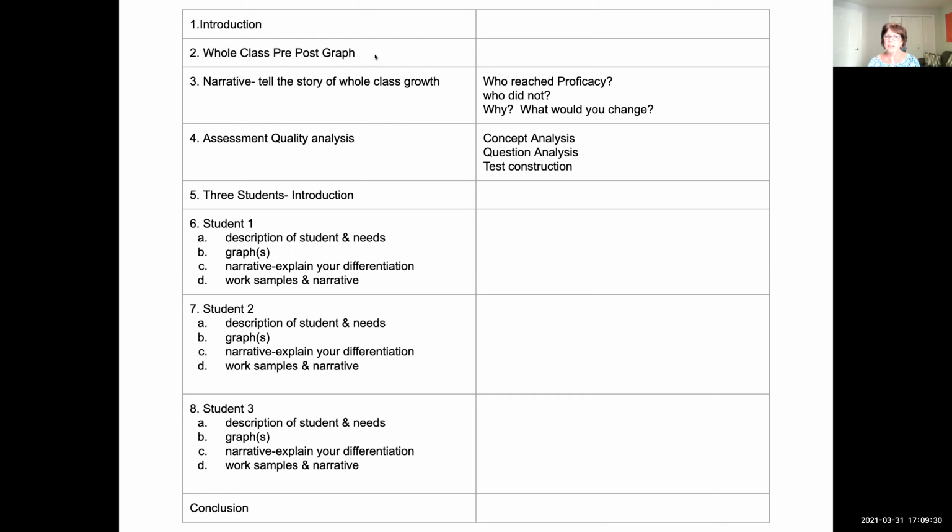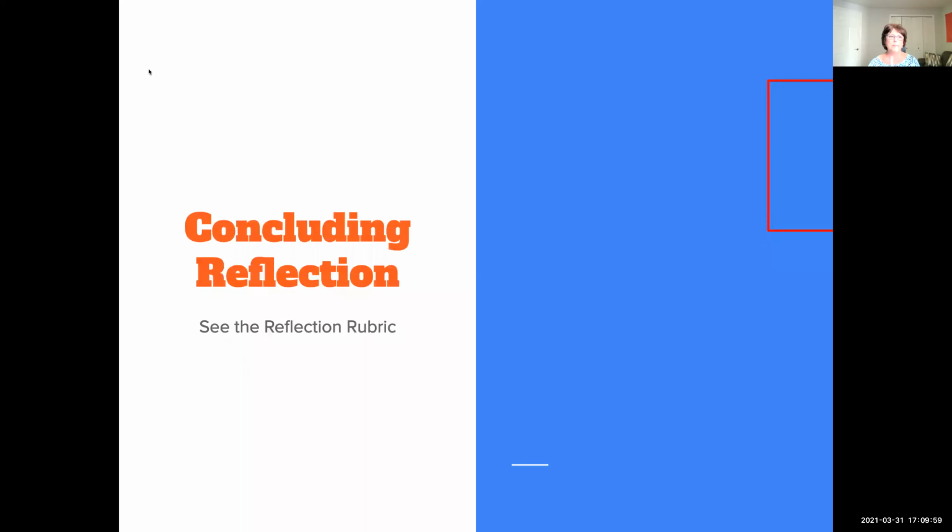And then the whole class pre and post graph I just showed you, a narrative that tells the story, your assessment quality analysis. Maybe a little concluding paragraph there. I didn't put that in. Then a 3 students introduction. And then for each of your 3 students, you'll have all of this information, and then a conclusion overall.